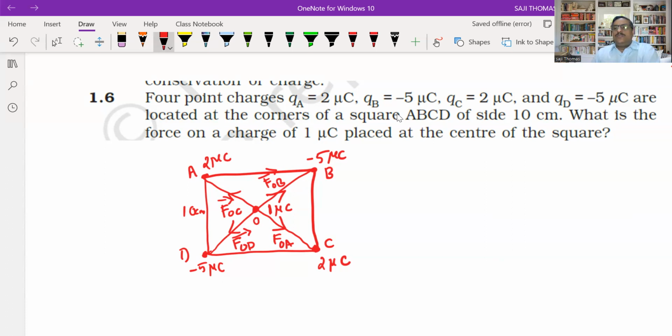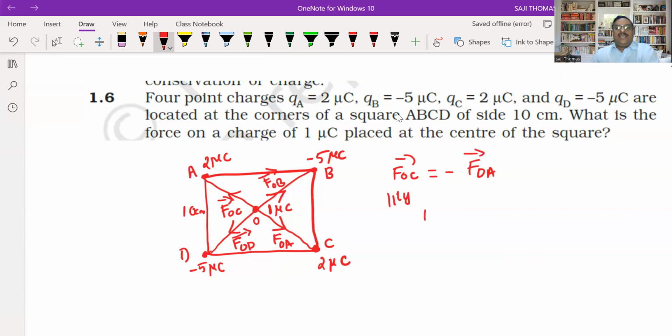These are equal and opposite. Why are they equal and opposite? Charges are same, distances are also same. Distance from each vertex to the center is same. So FOC is equal to minus of FOA, right? They are equal and opposite.